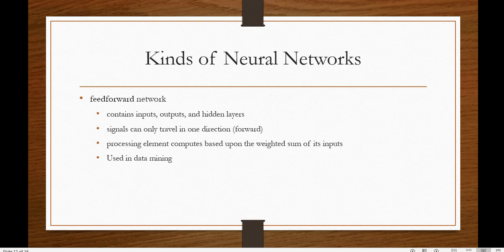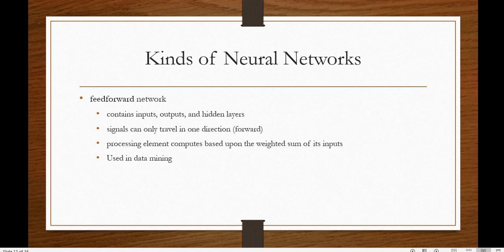The processing element computes based on the weighted sum of its inputs. So at every step, as we discussed earlier, whatever inputs are coming to the input layer, there are some weight parameters which are multiplied with the inputs, and then it is processed in the hidden layers.